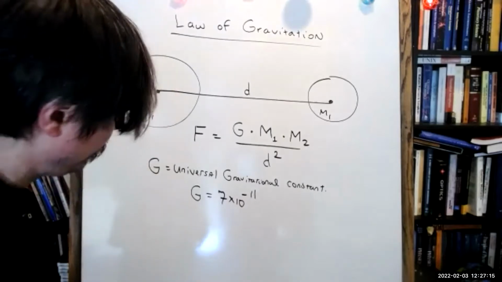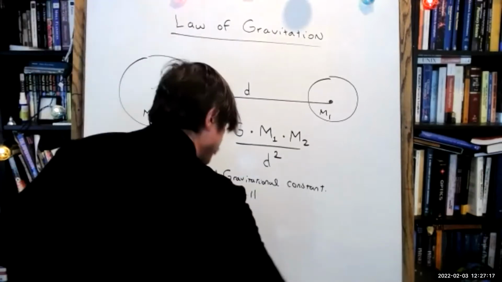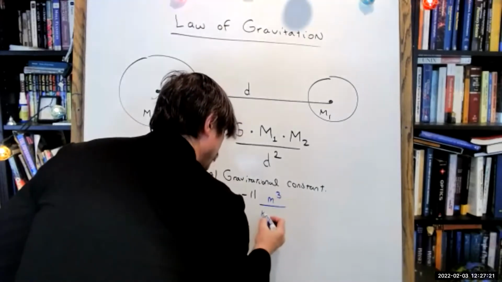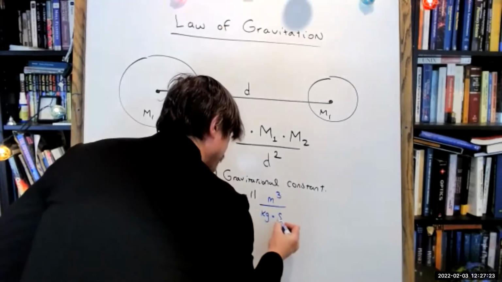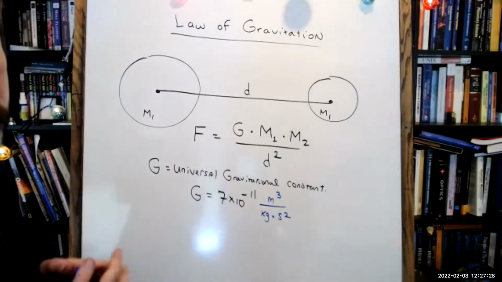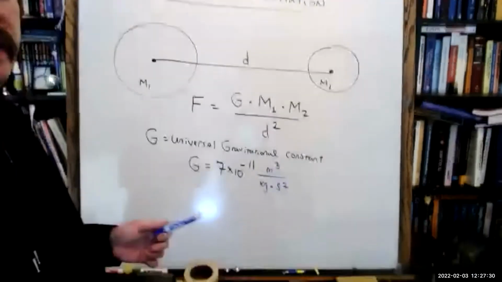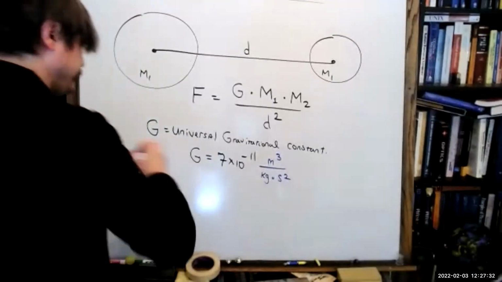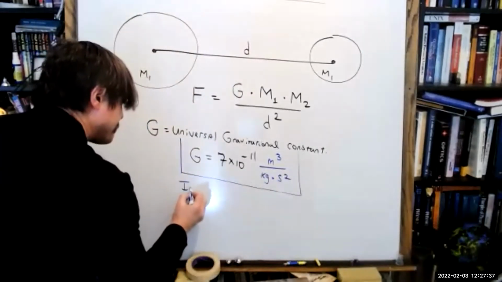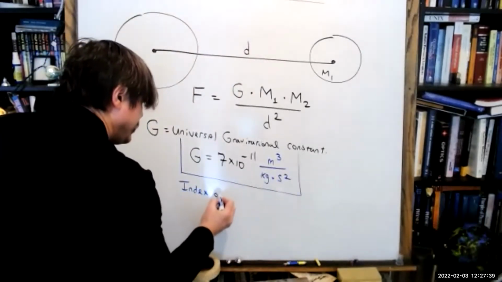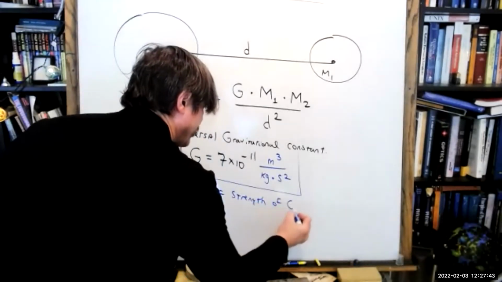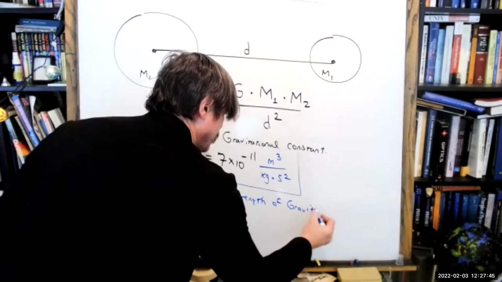The units are meters cubed per kilogram per second squared. And the way you should think about big G is kind of like an index of the strength of gravity.